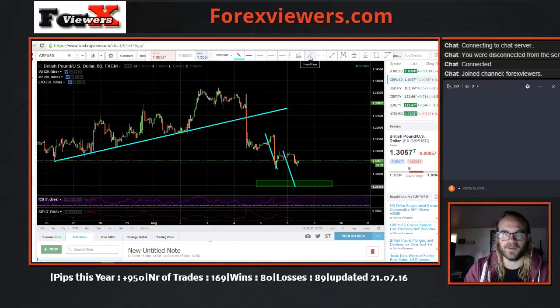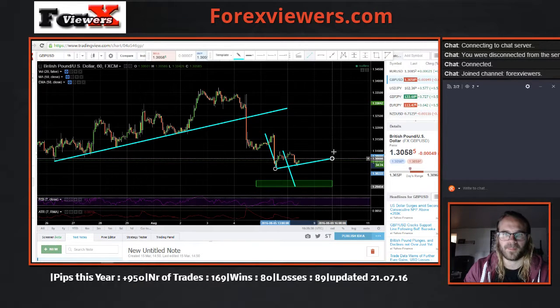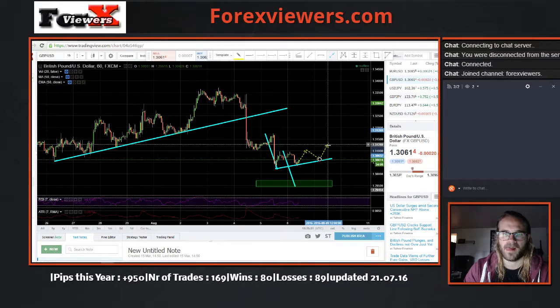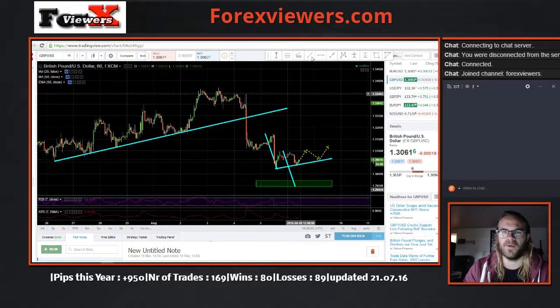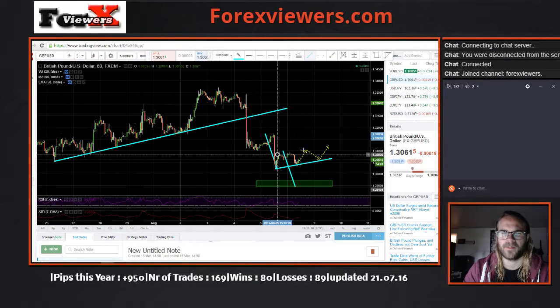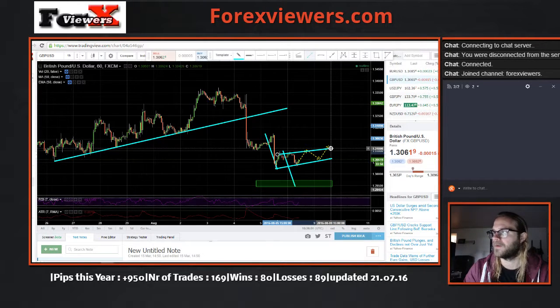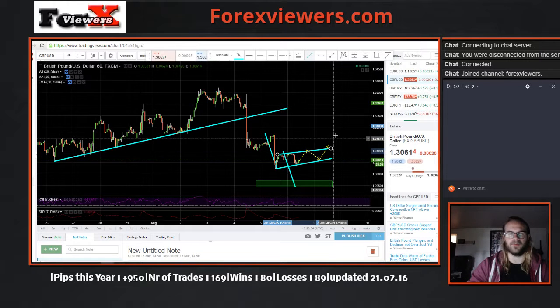And we could be getting a trend line formation here, not a trend line formation, a channel formation would be a better word, I think. So we'll see what happens here. Maybe forming a range or a channel or whatever you want to call it.